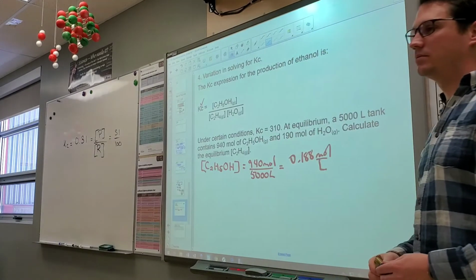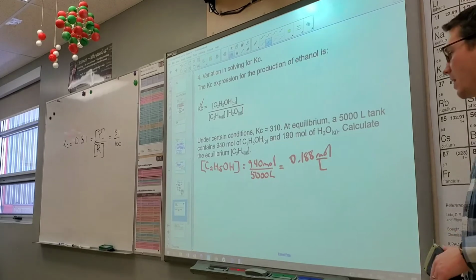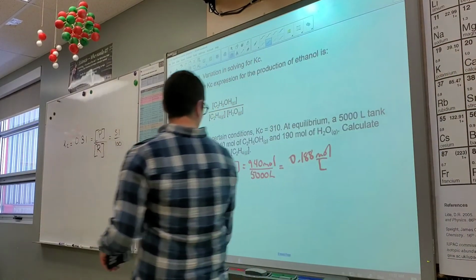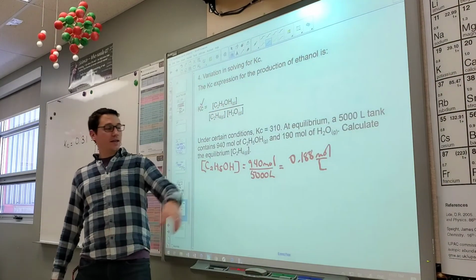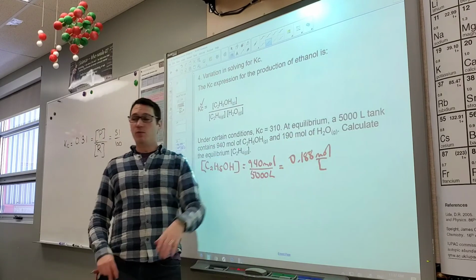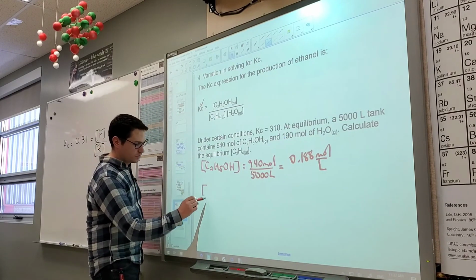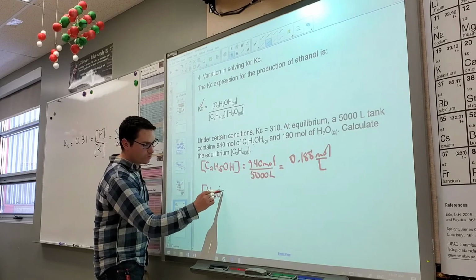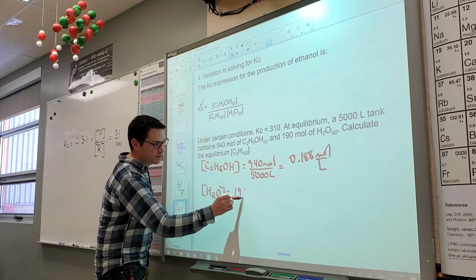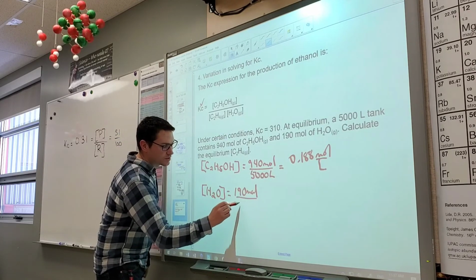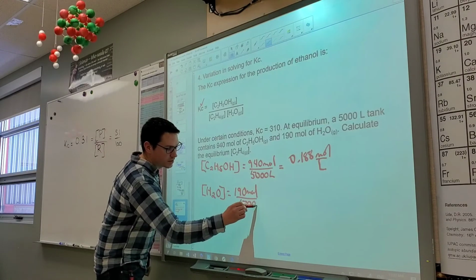Hopefully you get that. It gives us 190 moles of water. So the concentration of water, we should do the same thing, right? 190 moles divided by 5,000 liters.